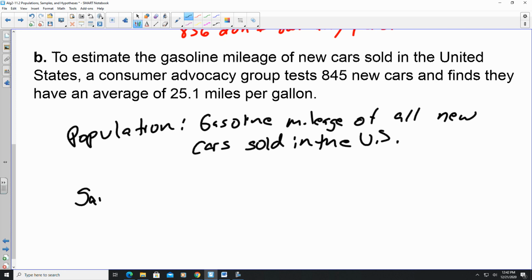But again, they have a sample of this. So the sample, the subset of this, is that they looked at 845 new cars sold in the US.